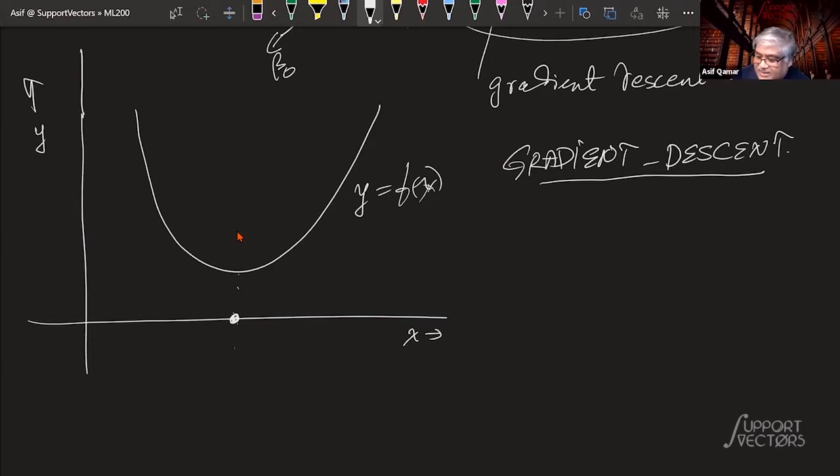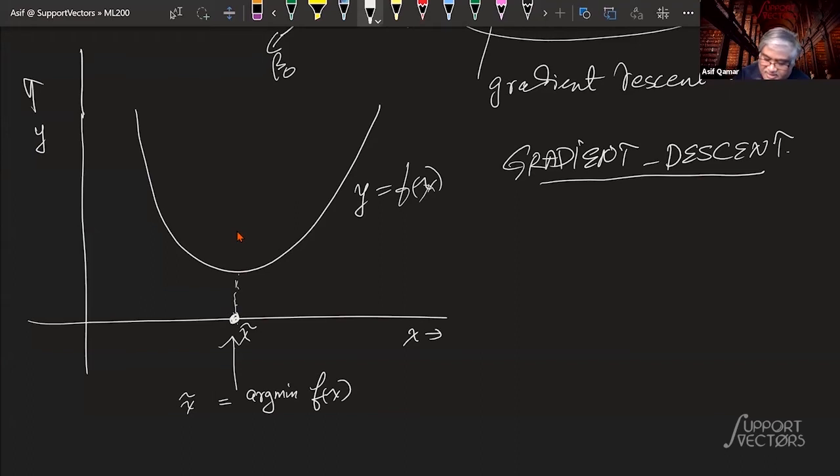What is this point? In our new language, this point is the argmin of f(x). It is that special value x tilde where this function is minimized. So how do we reach this?